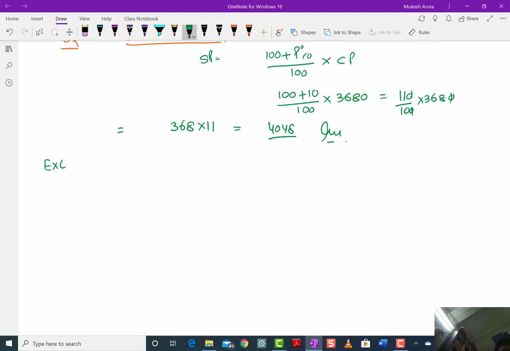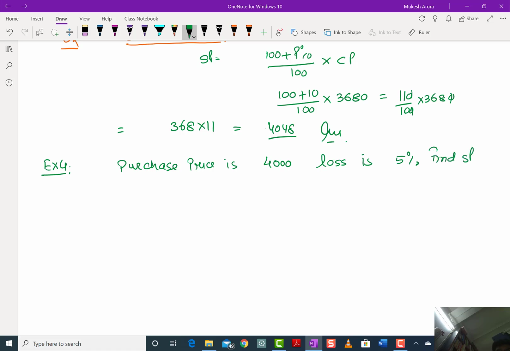Example number 4 is that the purchase price, means CP, is 4000, loss is 5%, find the selling price.